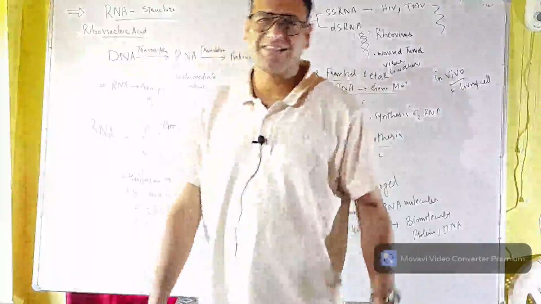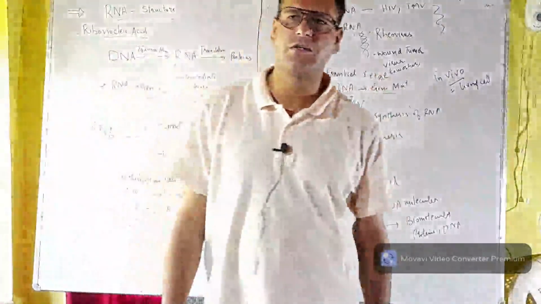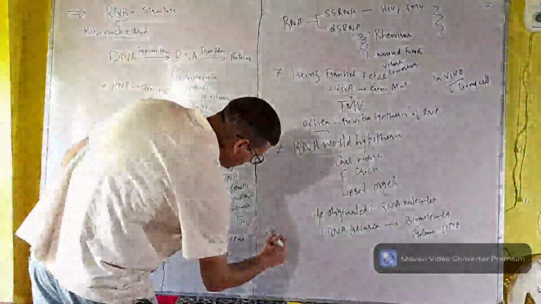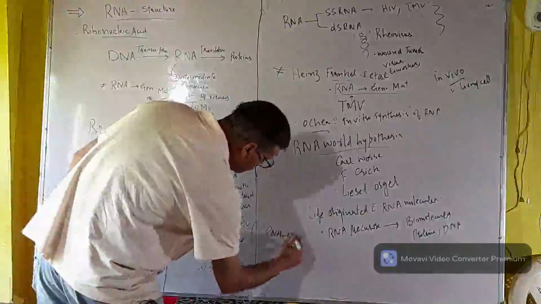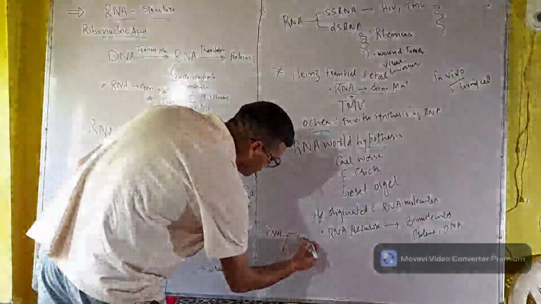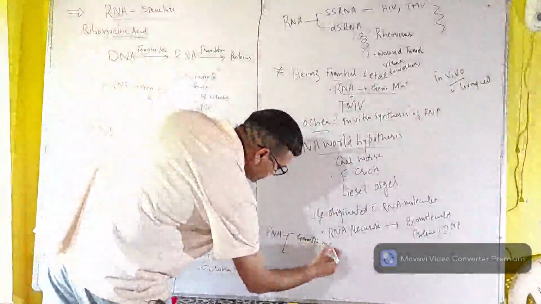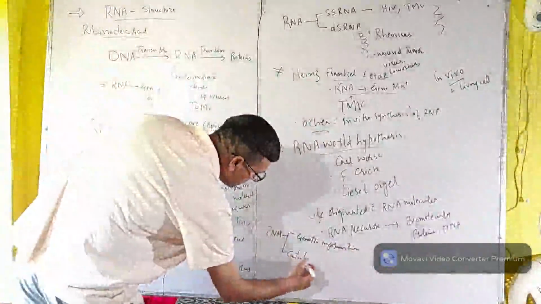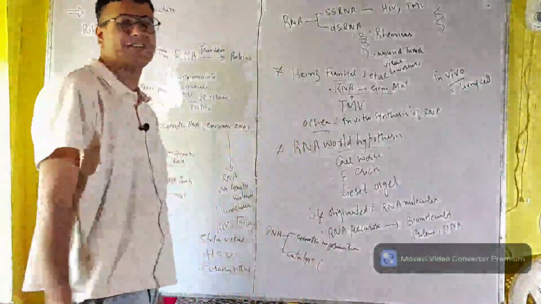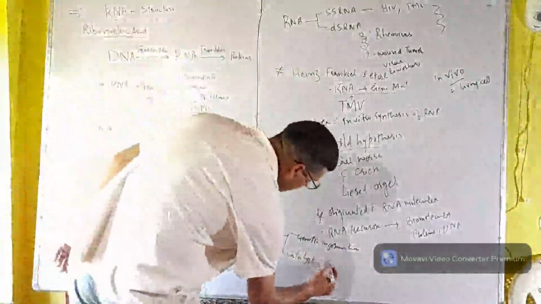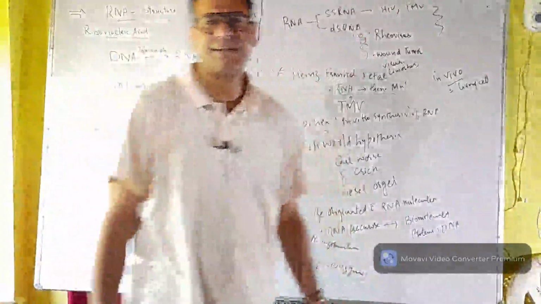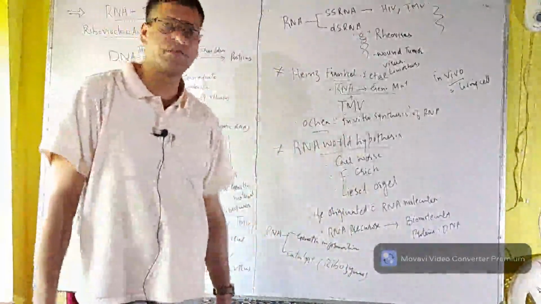Basically, RNA has two remarkable properties. One is that it can store genetic information. Another is that it can act as a catalyst. When RNA acts as a catalyst, having enzymatic properties, we call it a ribozyme.